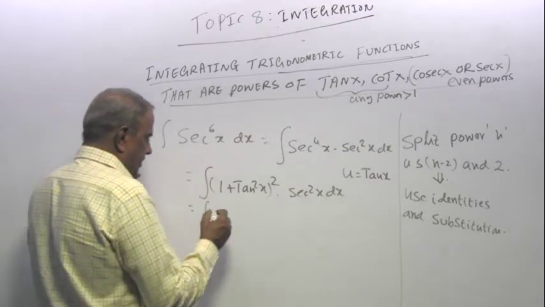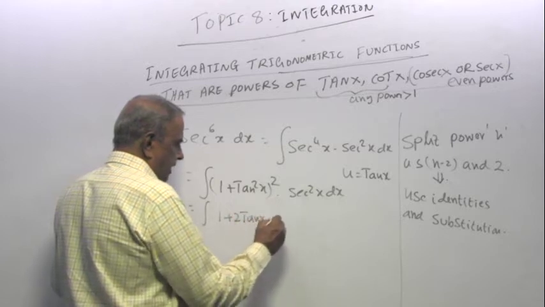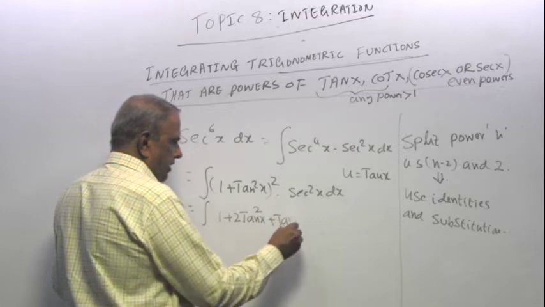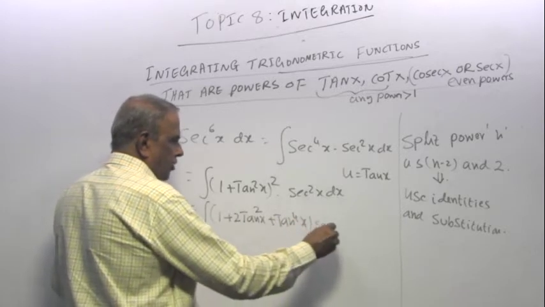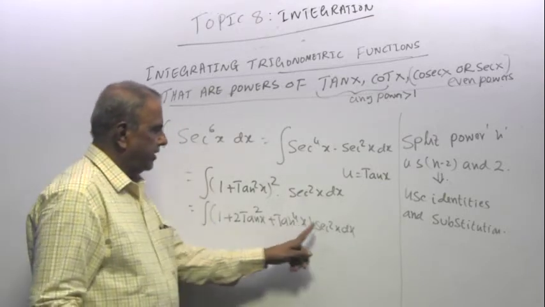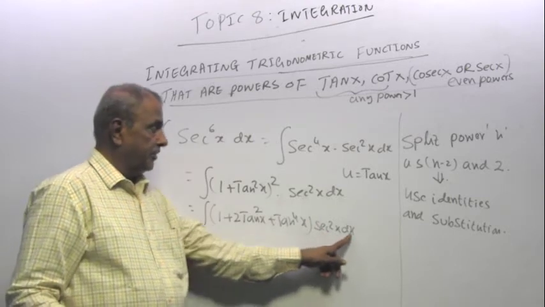That's integral of (1 plus 2 tan squared x plus tan power 4x) times sec squared x dx. If u is tan x, du is sec squared x dx.